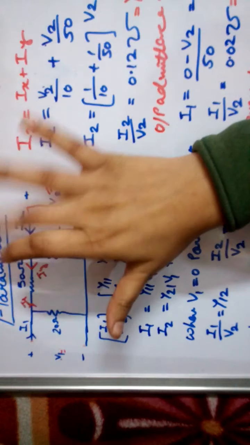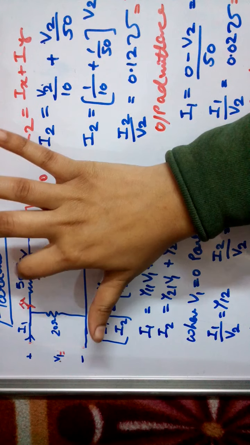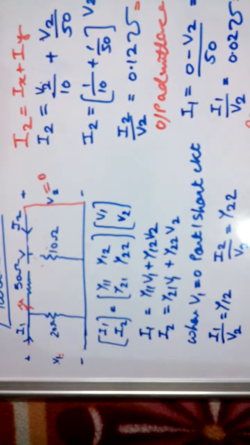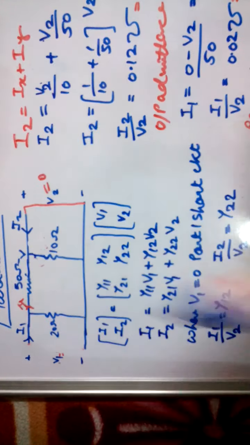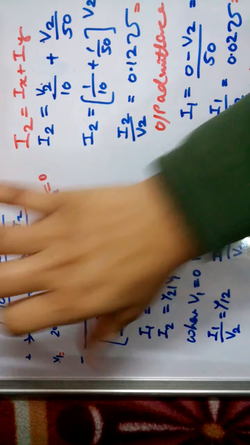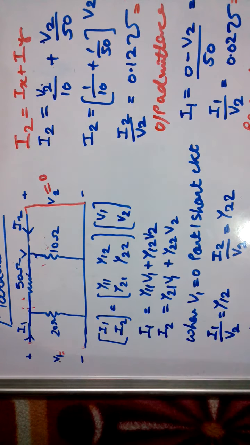The current in the 10 ohm resistance would be 0, as the current in a resistor parallel to the short circuit is always 0. Hence I1 will be divided into the 20 ohm and 50 ohm.